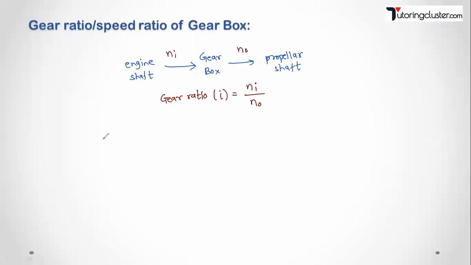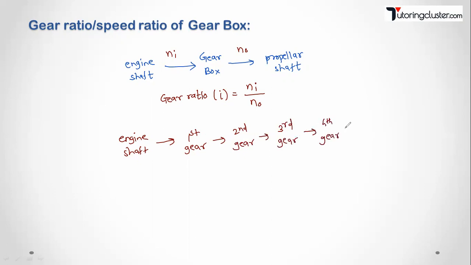How is it different? See, this is your engine shaft. ये कहाँ पे जाने वाला है? फर्स्ट गियर, देन सेकेंड गियर, देन थर्ड गियर, fourth, and let's say then propeller shaft. Okay, I am not considering fifth. Right, this is just for explanation.